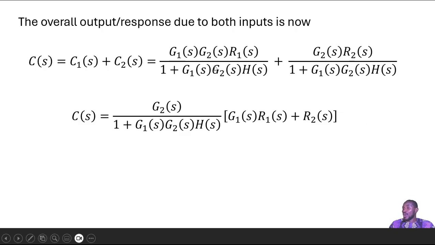Multiply. What is left when you take this out is G1 of S and R1 of S. And that's what you have left here. And what is left when you take this guy away is simply R2 of S. And this here will give you the transfer function of your multiple input, multiple output system.